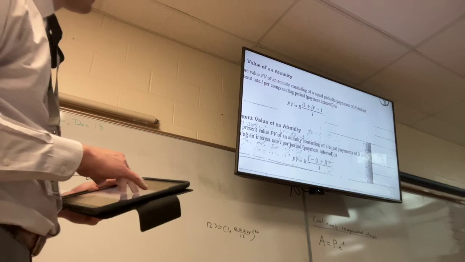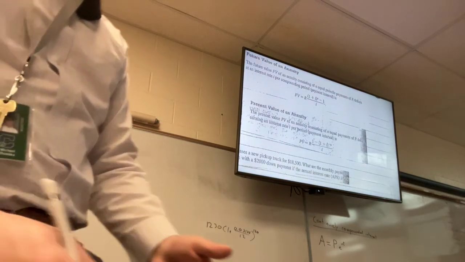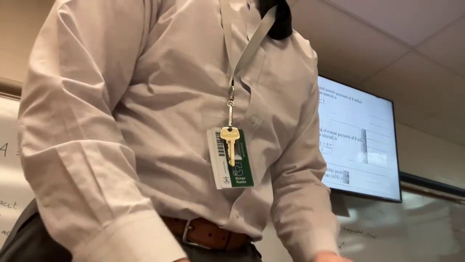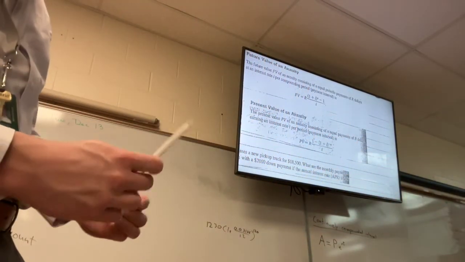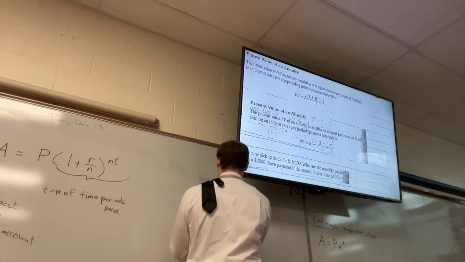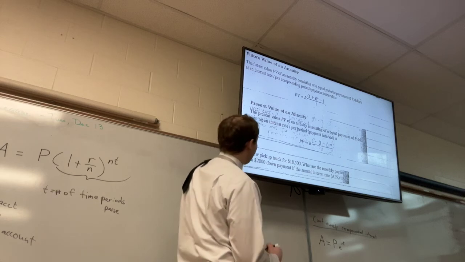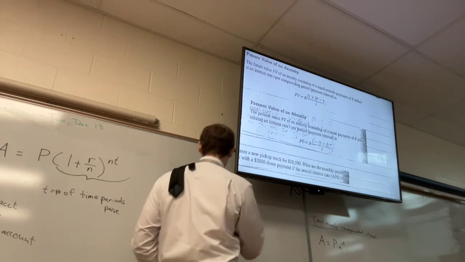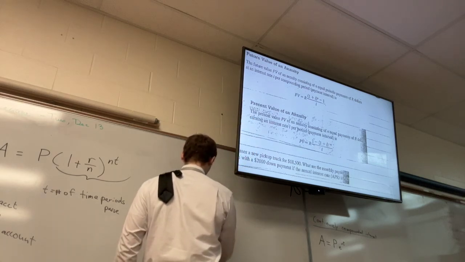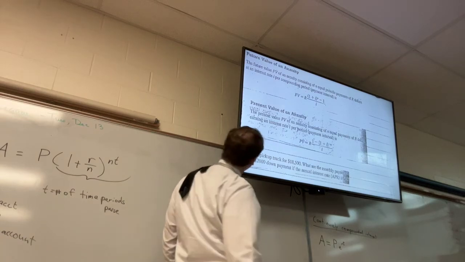Here's the equation here. FV is future value. That's like your A. So let me write this on the board. It's your final amount. So A equals 4.